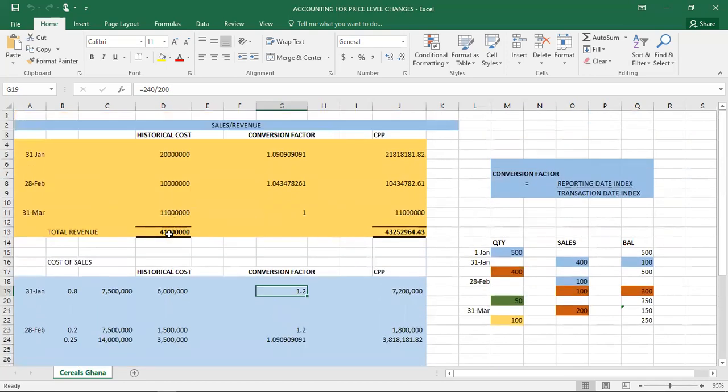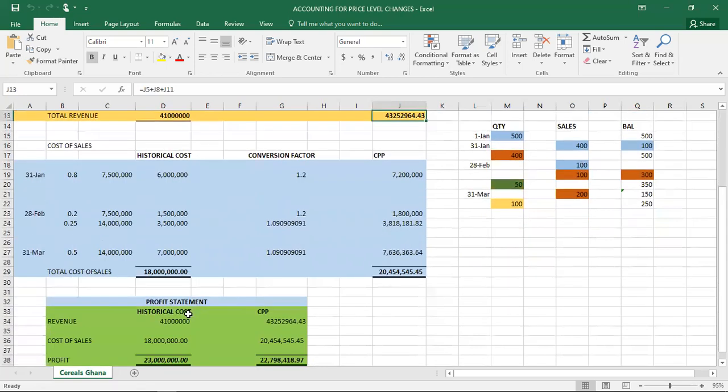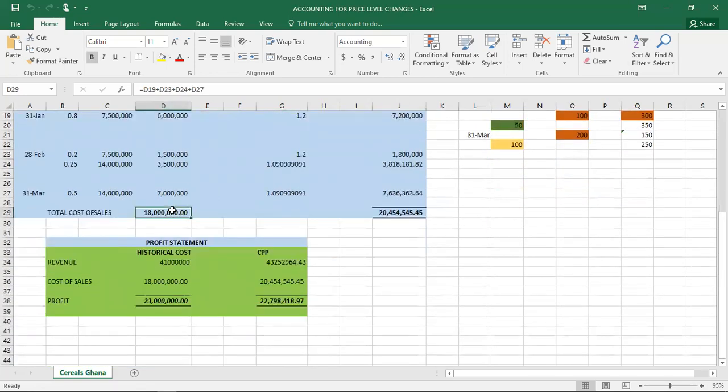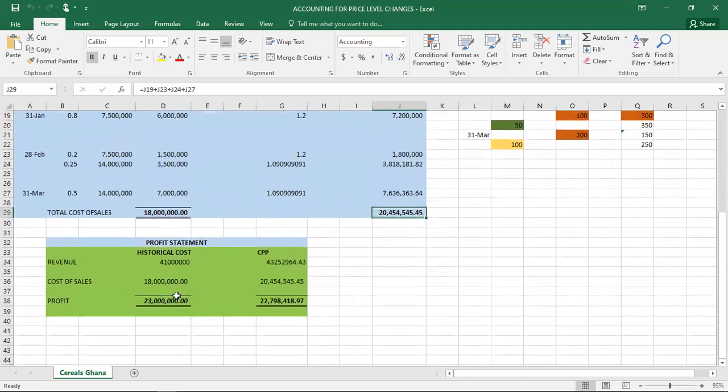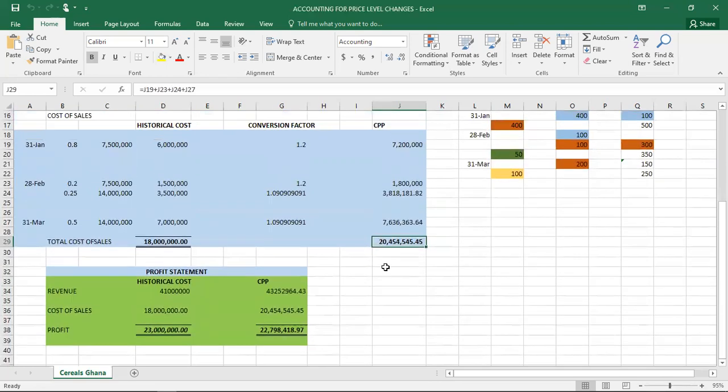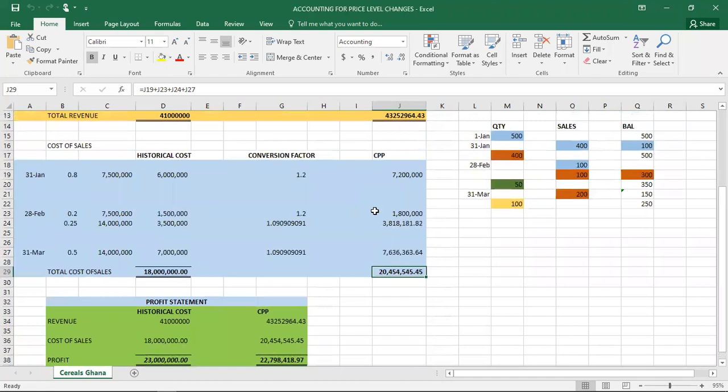So historical cost sales, CPP sales, historical cost of sales, CPP cost of sales are adjusted over here to get your profit statement. So that is basically how the Serious Ghana question in the handout is presented.